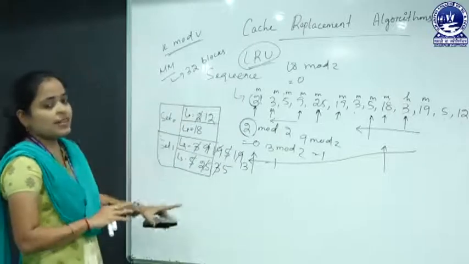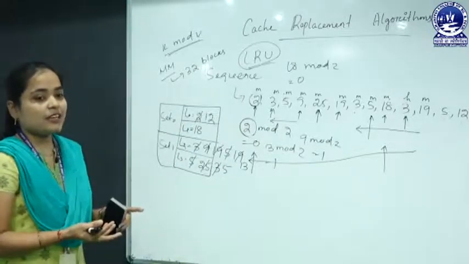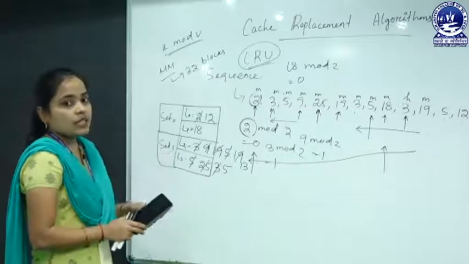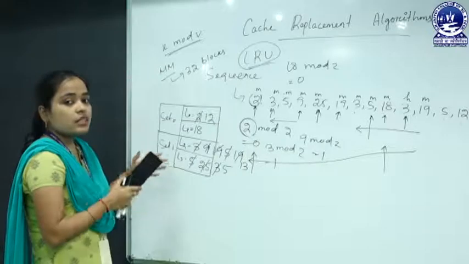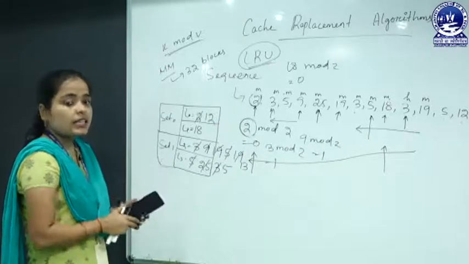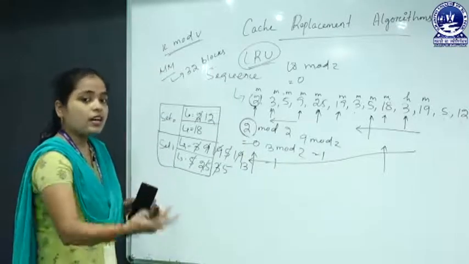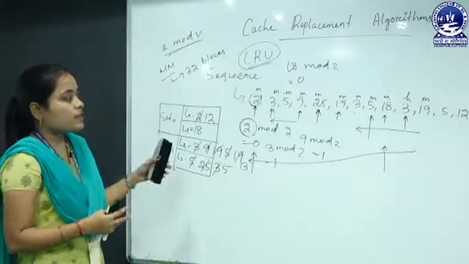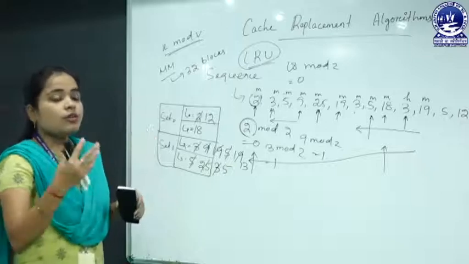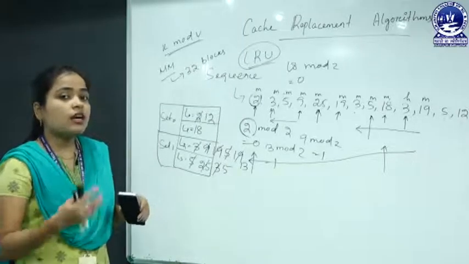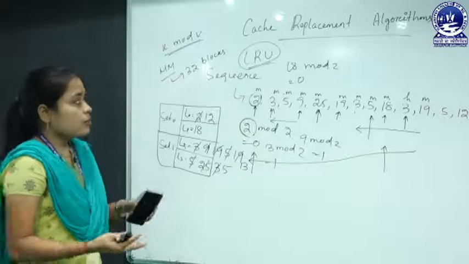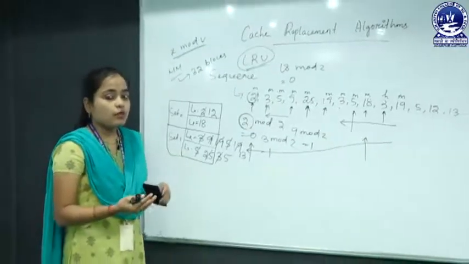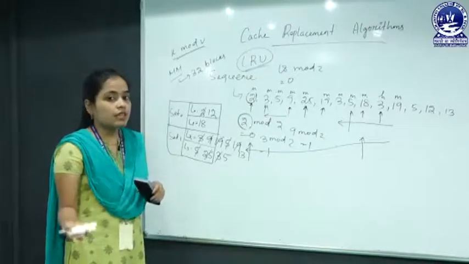The disadvantage of the least recently used algorithm is that in some cases the block which is replaced may be needed in the next request, because the CPU does not know which block it will request next. To avoid that, there are some other cache replacement algorithms which we will discuss in our further classes.